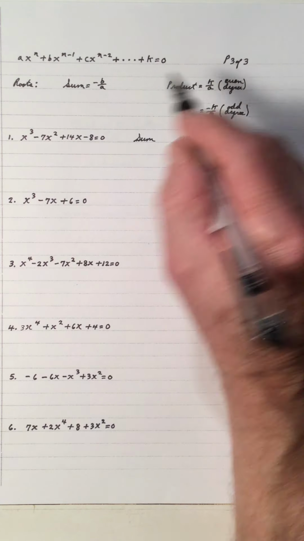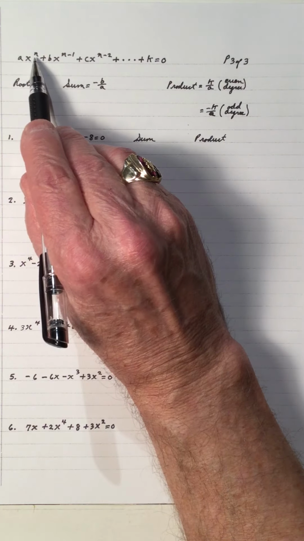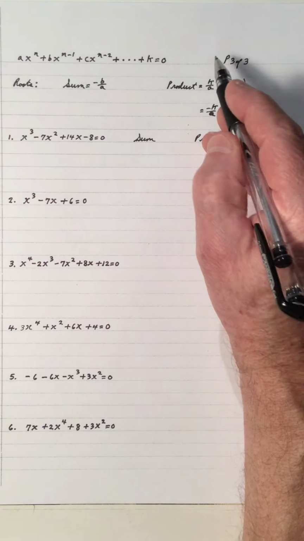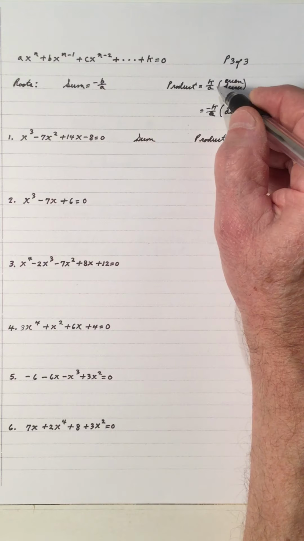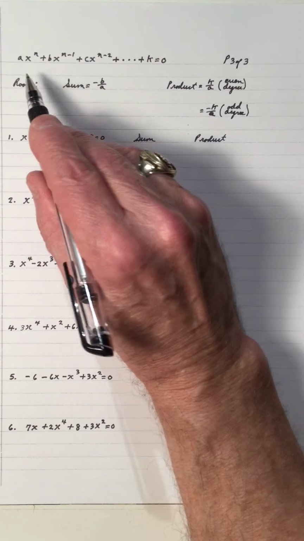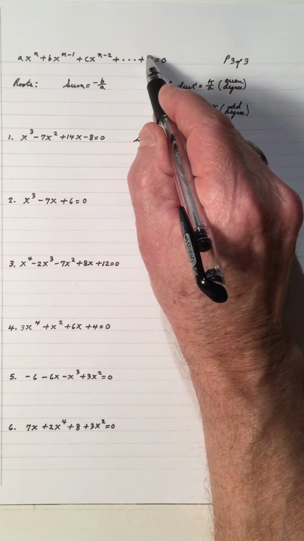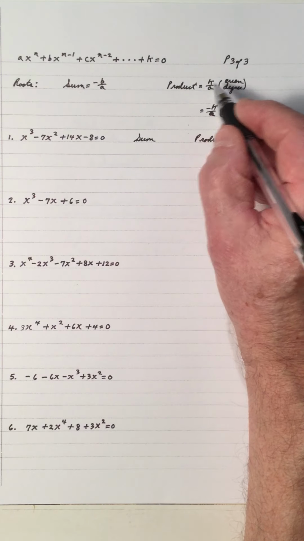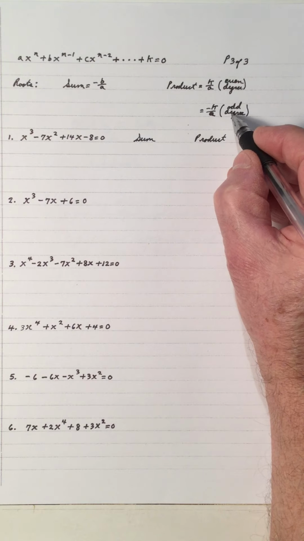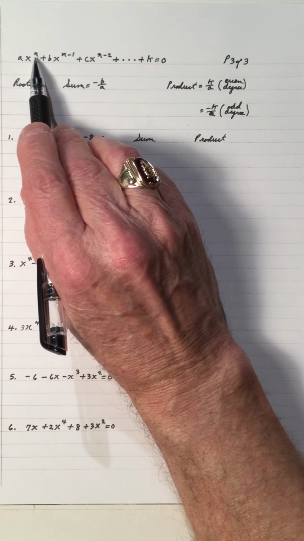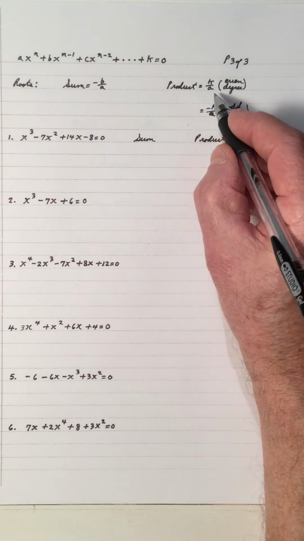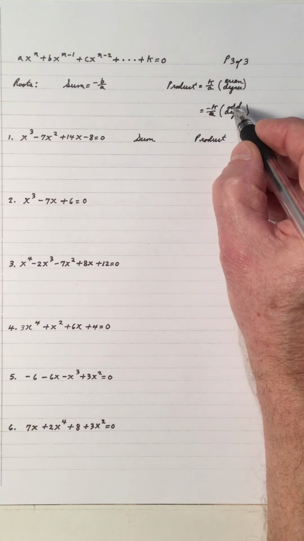That means if you have x squared, x to the 4th, x to the 6th, it's k over a. Similar to c over a, but because we may have a cubic or a quartic or a quintic, this last term we call k. So if it's even, it's k over a. If it's odd degree, that means if it's degree 1, 3, 5, or 7, then the product is negative k over a.